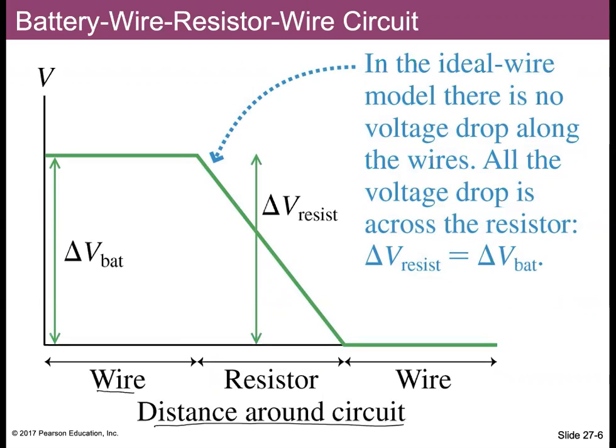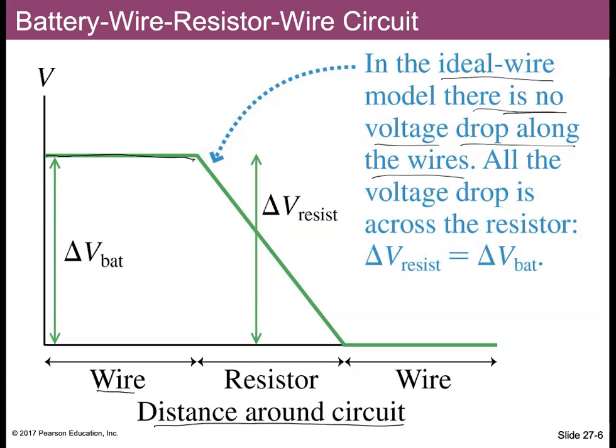As it goes through the wire, we call it an ideal wire, we assume there's no resistance. It's not totally true with any real wire, but we usually make the assumption that our wires are ideal, so they have no resistance. So if there's no resistance, then there is no voltage drop along the wires. So it would just be a constant line as we're going along the wire.